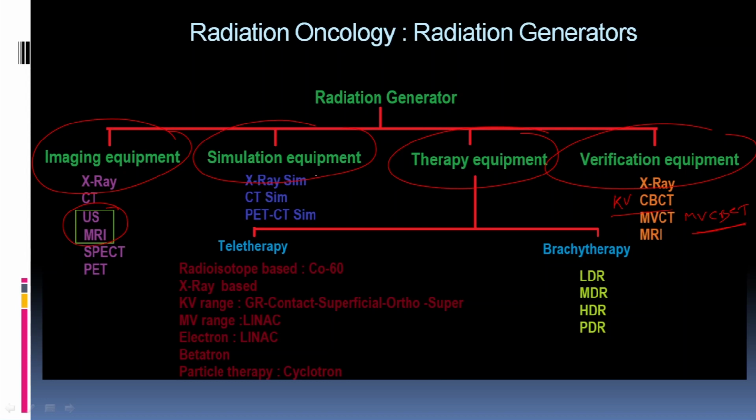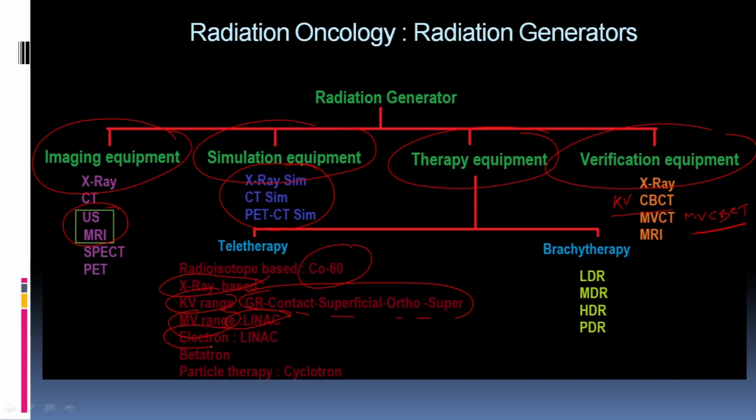And in simulation equipment, we have X-ray simulation, CT simulation or PET-CT simulation. In therapy equipment, we use cobalt based teletherapy, and we use X-ray based teletherapy, in the kV range or MV range. The kV range includes Grenz ray, contact, superficial, orthovoltage and supervoltage therapy, and in the megavoltage range we use the LINAC.